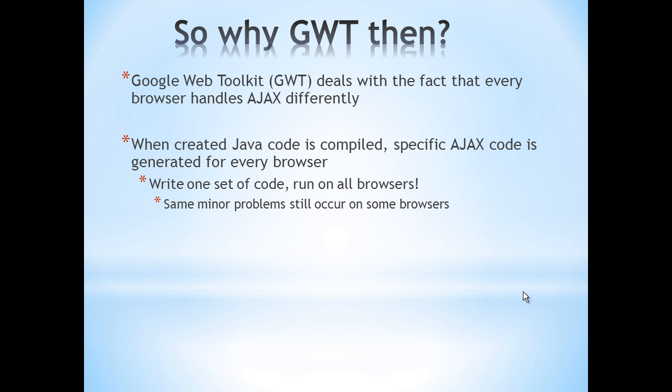Some bigger problems generally surfaced when I use third-party components. Third-party components are not always tested properly across all browsers, so that could lead to a little bit more trouble. But sticking with the pure Google Web Toolkit code as written by Google, this runs pretty much across all browsers, save for a few visual inconsistencies here and there.